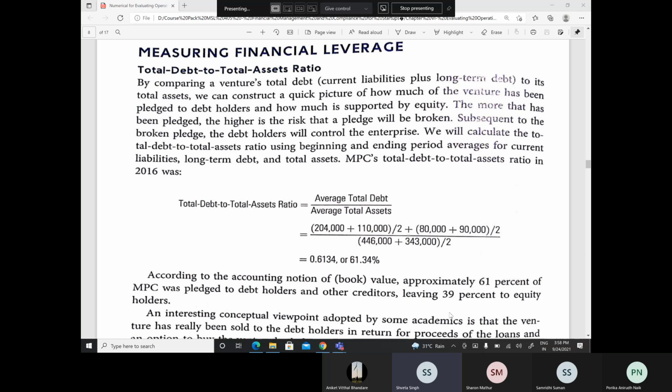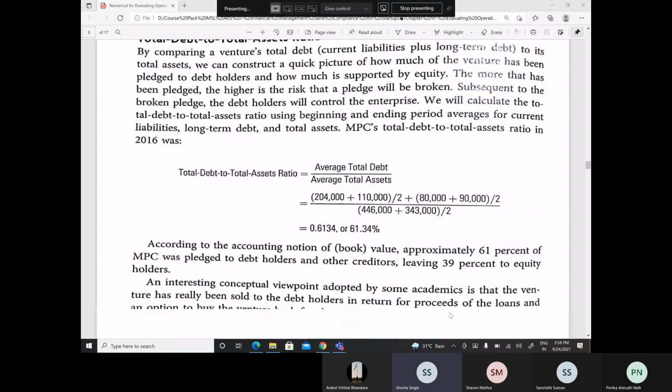So that is (204,000 plus 110,000) divided by 2 plus (80,000 plus 90,000) divided by 2, upon average total assets, which is (446,000 plus 343,000) divided by 2, which gives us a total debt to total assets ratio of 0.6134 or 61.34%.